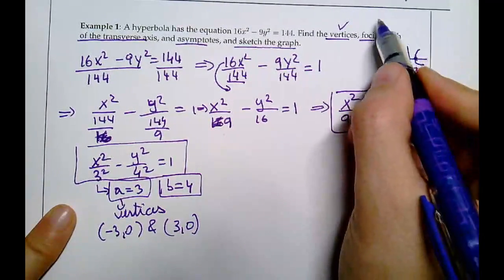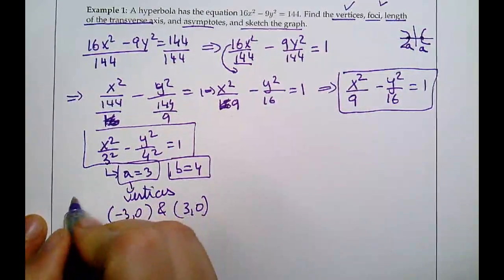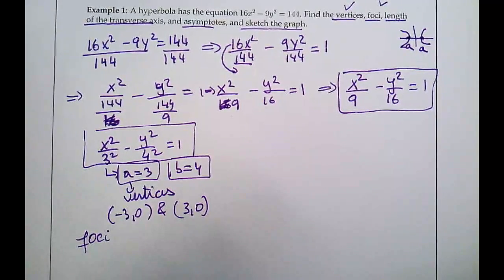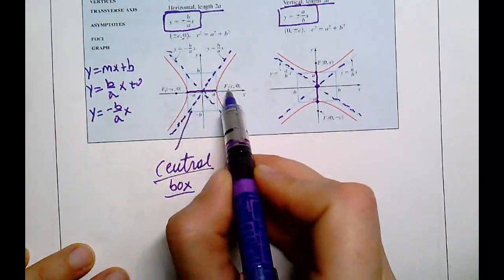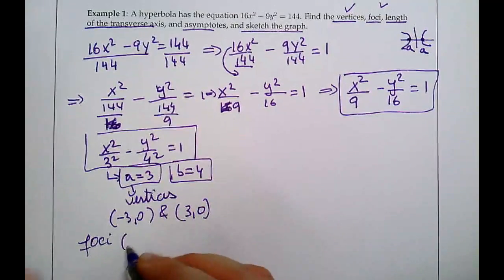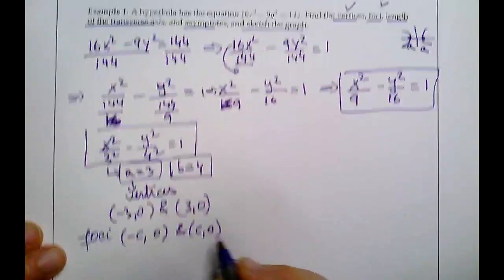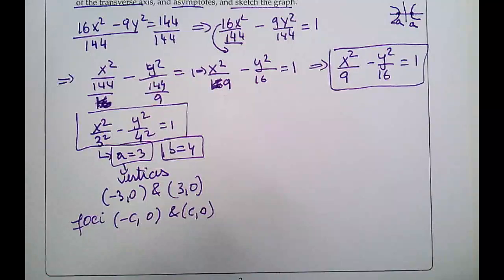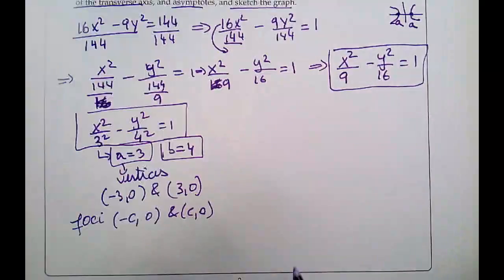Let's find the foci. I don't even know if I'm saying that correctly, foci. Okay, so the foci, again, they're going to be on the x-axis for this one. So they're going to be negative c and positive c. So (-c, 0) and (c, 0). And I'm going to have to use the fact that c squared equals a squared plus b squared.